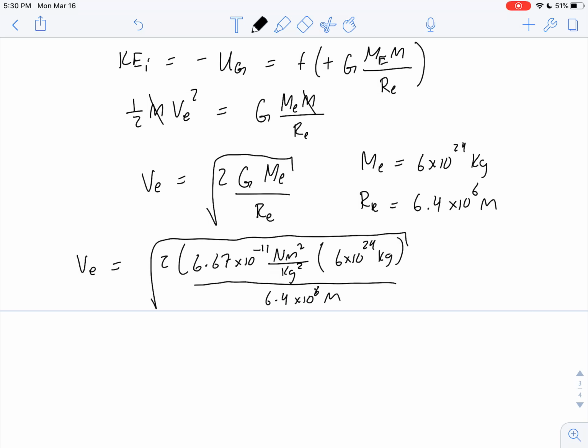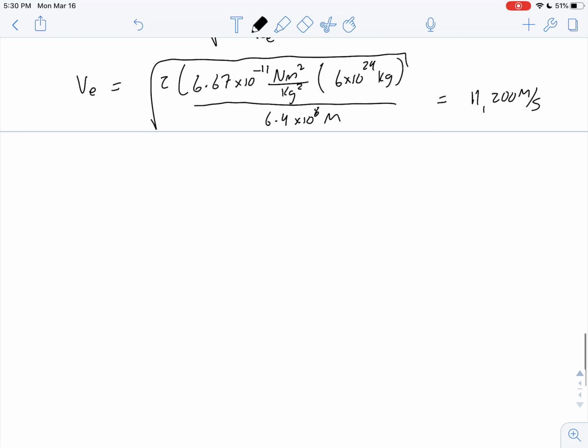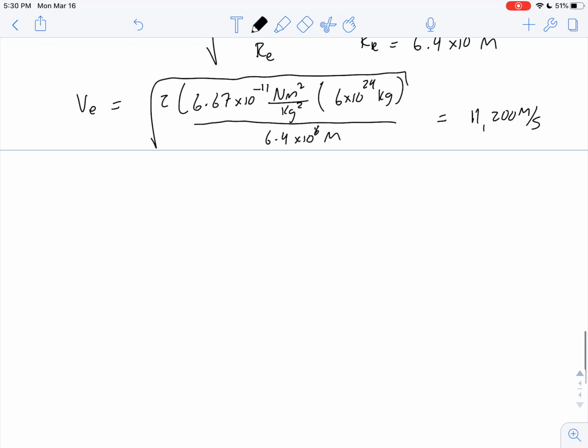Plug all of those things into your calculator, and you end up with 11,200 meter per second. So pretty fast.